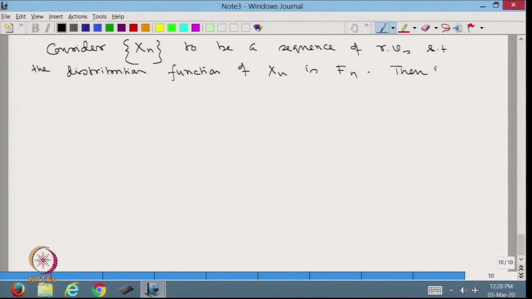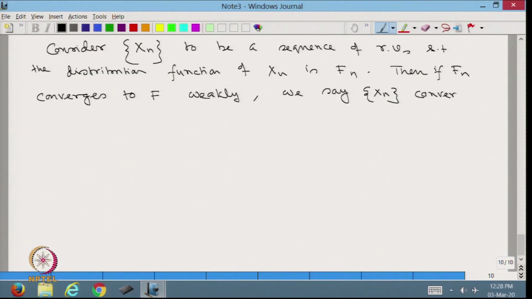Then, if Fn converges to F weakly, we say Xn converges to a random variable X whose distribution function is F.